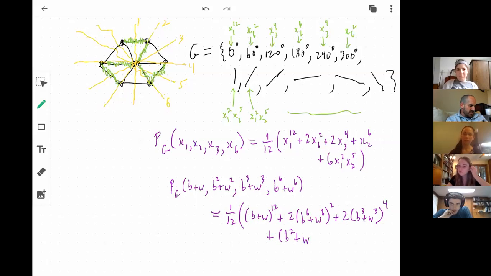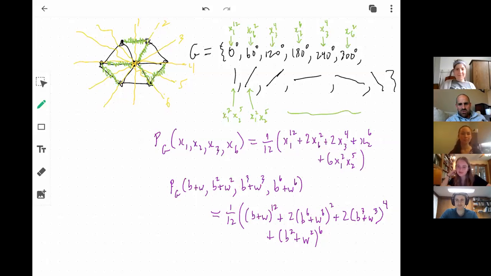By the way, when you think about this enough, it makes total sense that you would be replacing x sub i with b to the i plus w to the i, because x sub i represents an i-cycle. And the minute that you color something one color, you have to color them all that color if you want them to be fixed by that particular permutation. In the lecture I've been trying to articulate that in a more algebraic fashion, and I wrote out the full details in the notes finally, because I couldn't leave it undone.